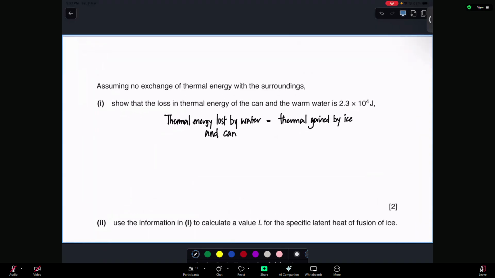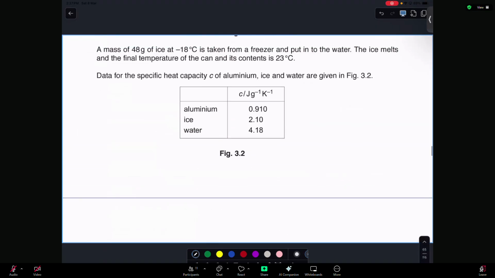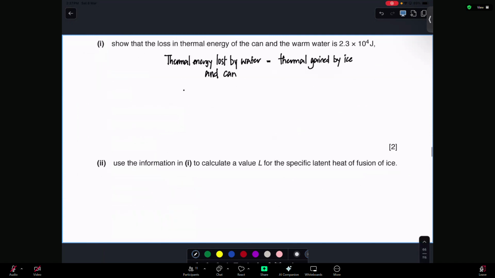I think gained by ice is very easier. Or male জানি না তো, right? We know specific capacity of aluminum and water. Oh, আলাদা করে করলেই হয়ে যায়. Yeah. So what we do here is mc del T for what?